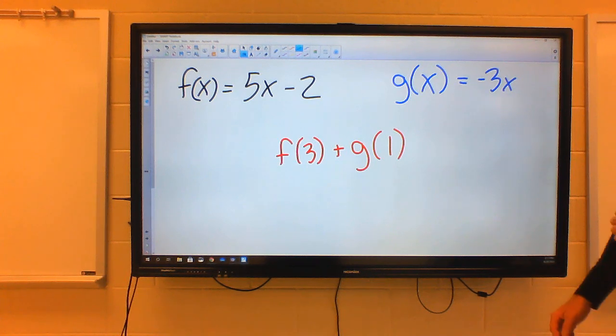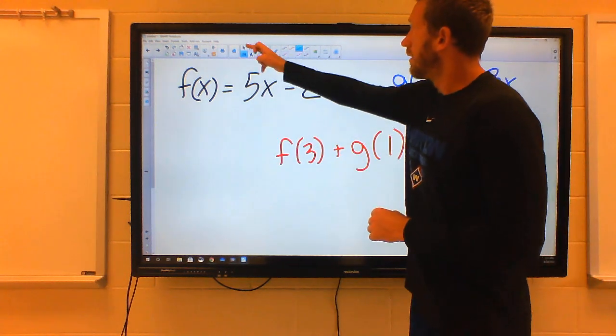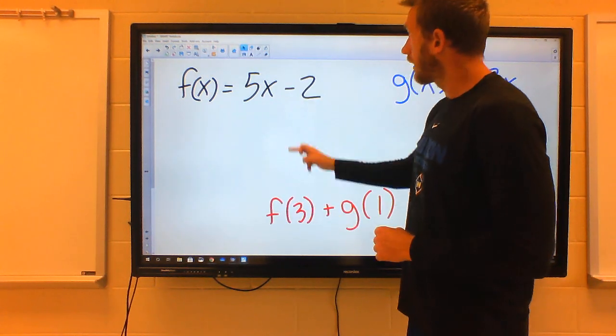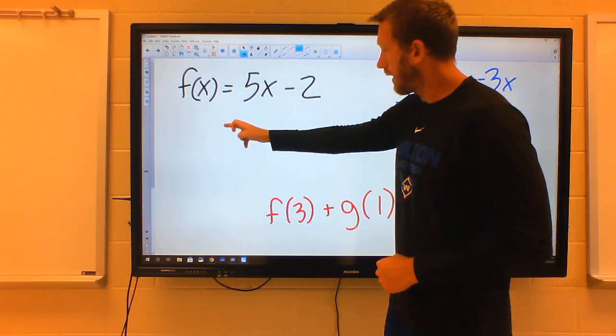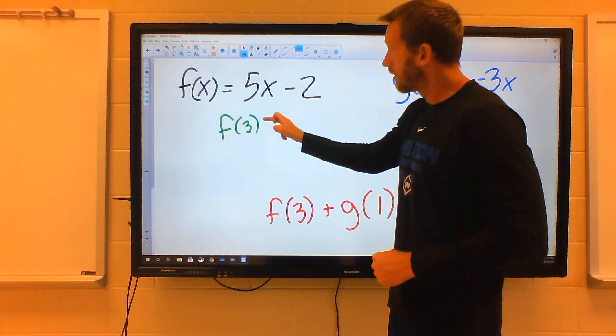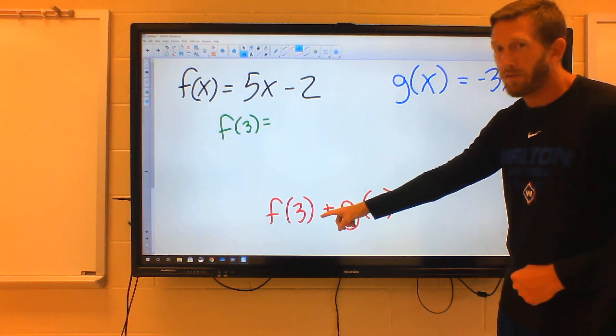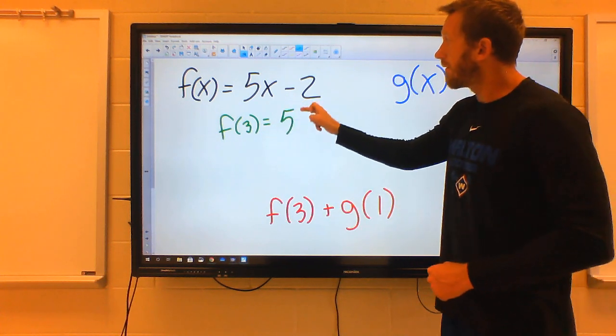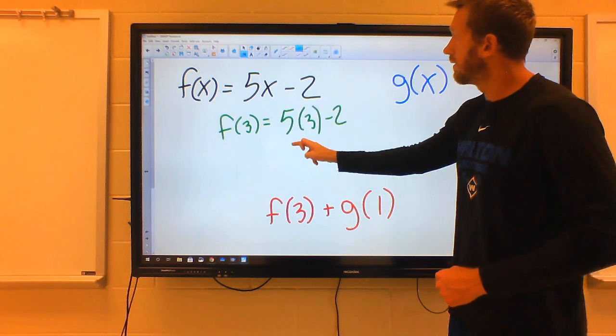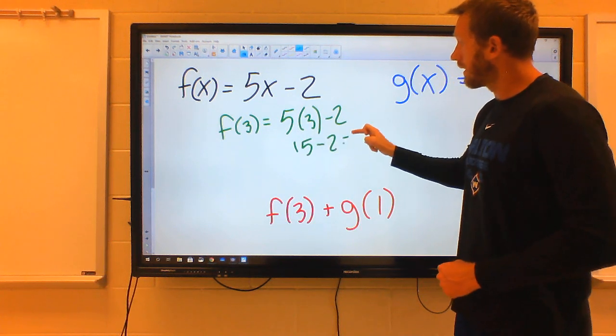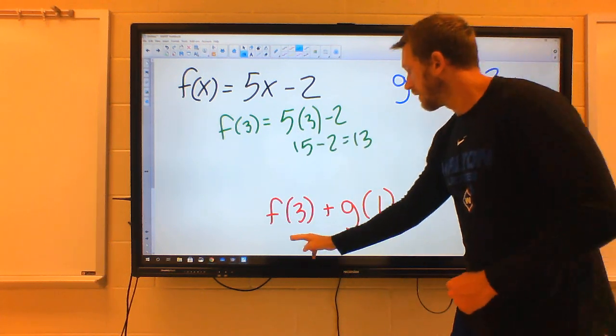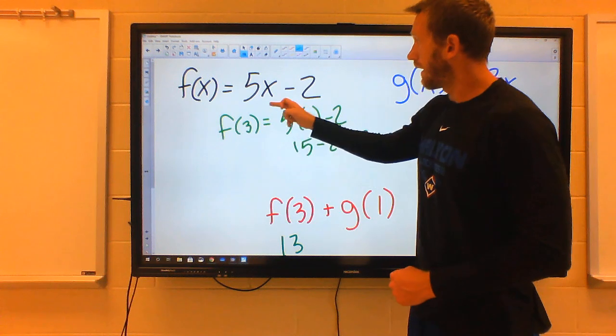Okay, you're probably back by now. So I'm going to highlight, this is what we're looking to solve. So first we need to find f of 3, right? That's the first thing we need to find. So that's 5 times 3 minus 2. 15 minus 2 is 13. So f of 3 is 13.